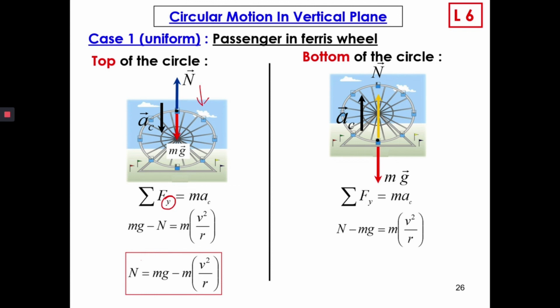Because the direction of centripetal force is upward, we're going to choose upward force minus downward force. So n minus mg equals mv squared over r. So, the normal force at the bottom of the circle equals mv squared over r plus mg.